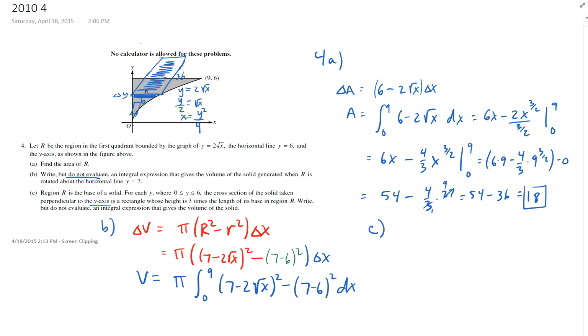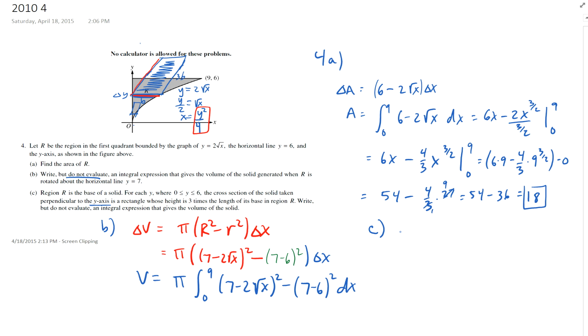This is the x distance. In fact, here, let me accentuate that. This x distance is y squared over 4. So the area of this rectangle is that base times the height. So the volume is that area times the thickness, delta y. Does that make sense?